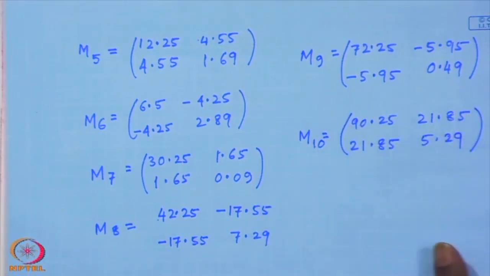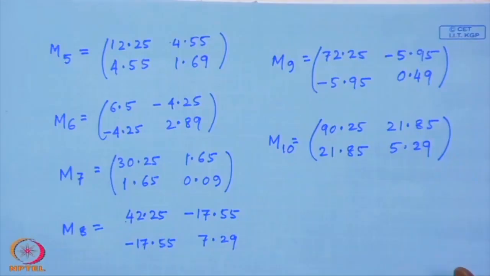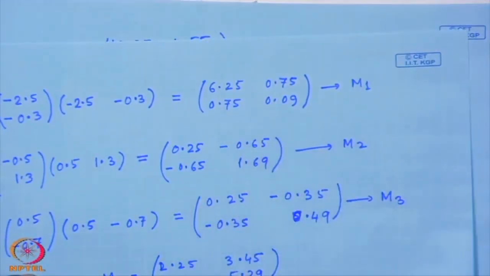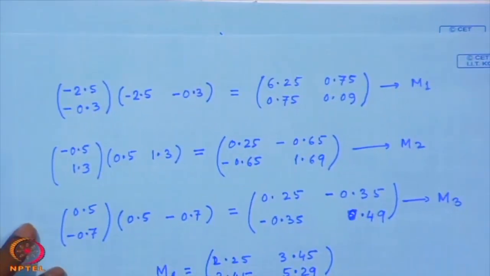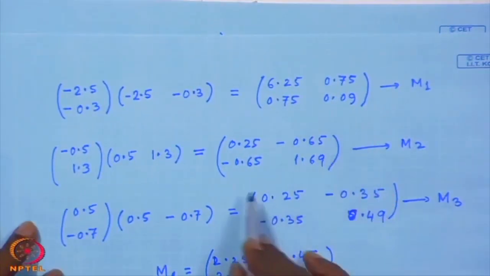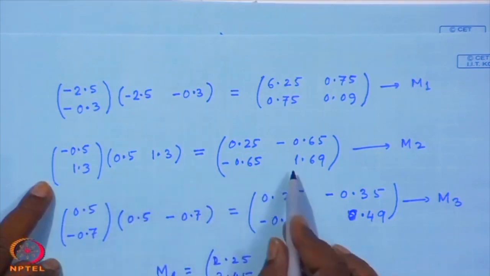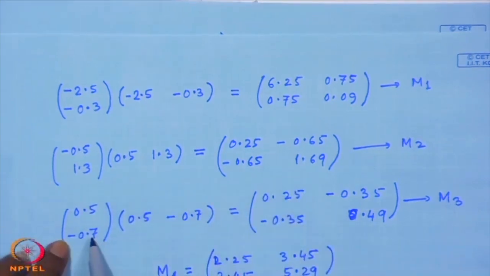Right. So, these are the 10 matrices that we have. The first matrix is this, which is x1 minus mu into x1 minus mu transpose. The second one, x2 minus mu into x2 minus mu transpose, gives this. Third one, x3 minus mu into x3 minus mu transpose, gives this.